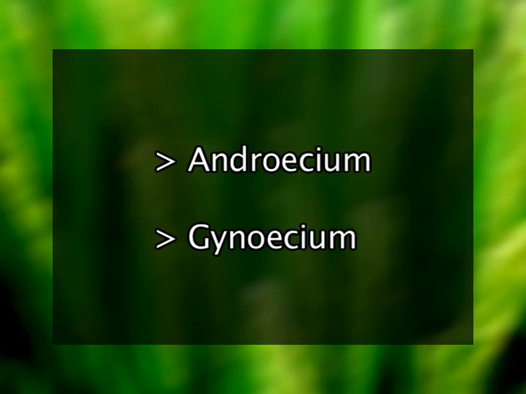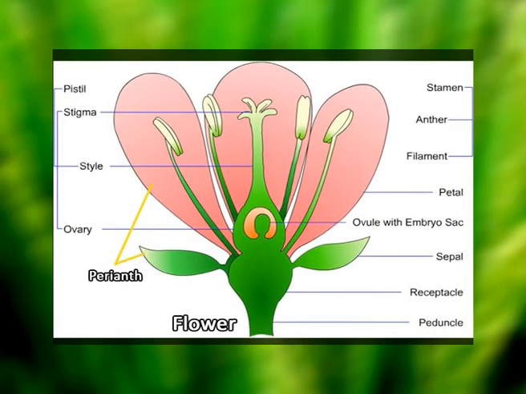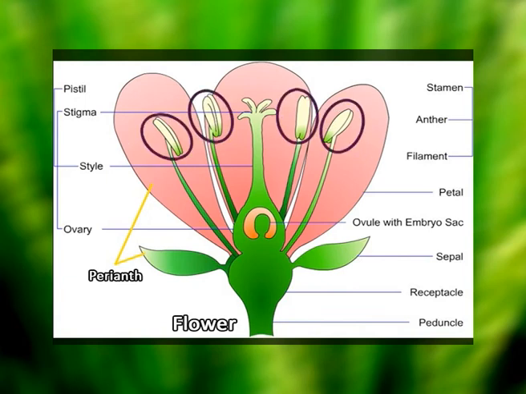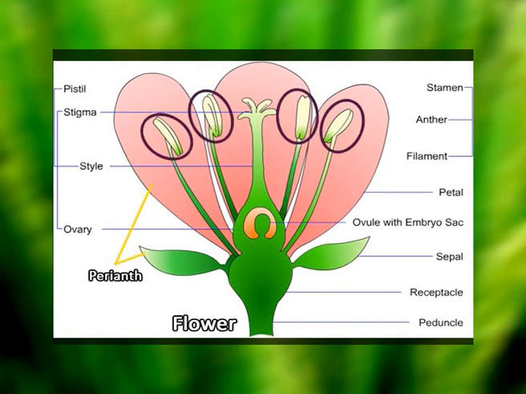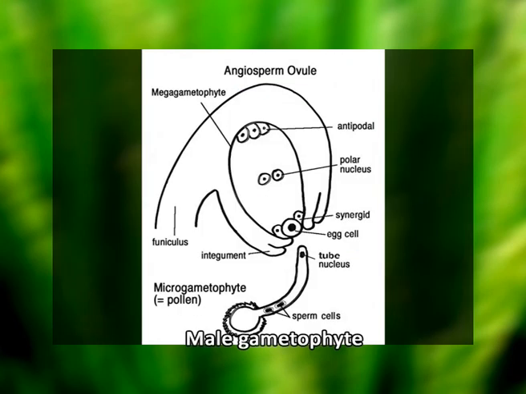In a flower, we also have the reproductive parts in the form of androecium and gynoecium. Androecium is comprised of the stamens, that is the male part of the flower, with two lateral theca. Each of these theca is comprised of two microsporangia. We have a reduced 3-nucleate male gametophyte within the angiosperms.